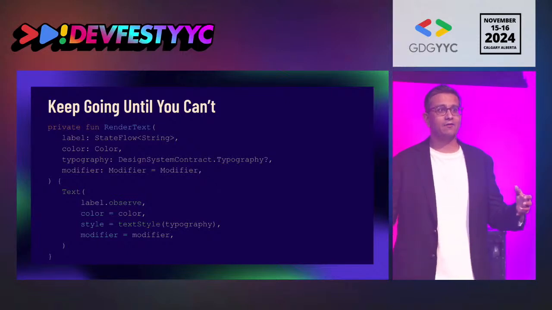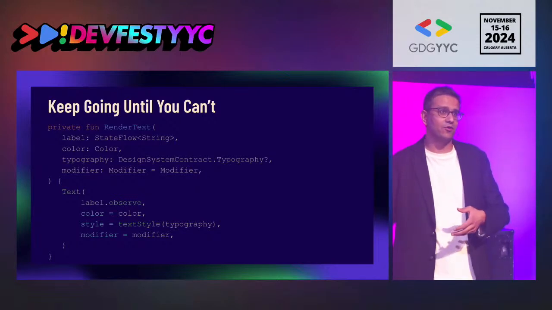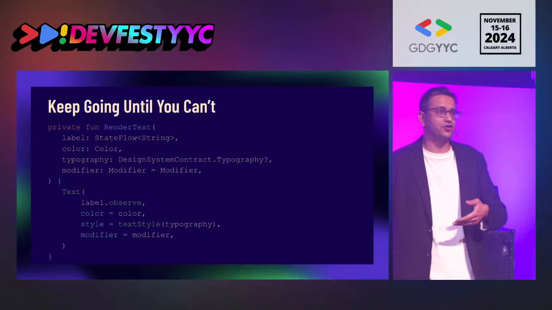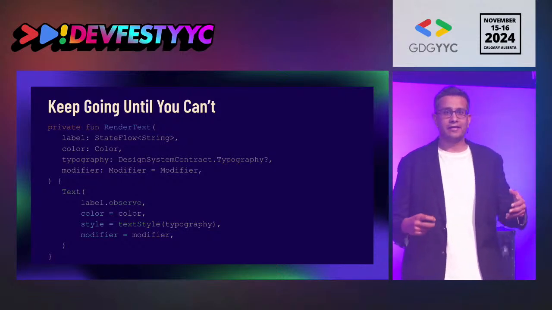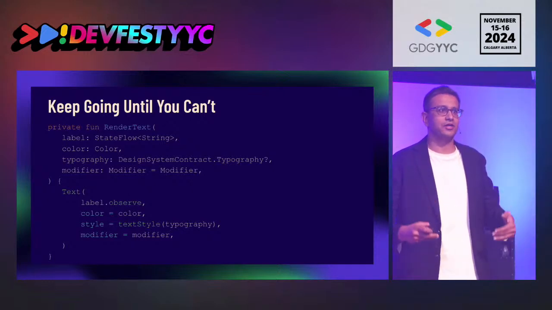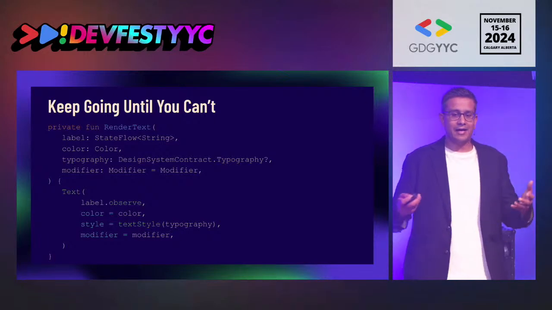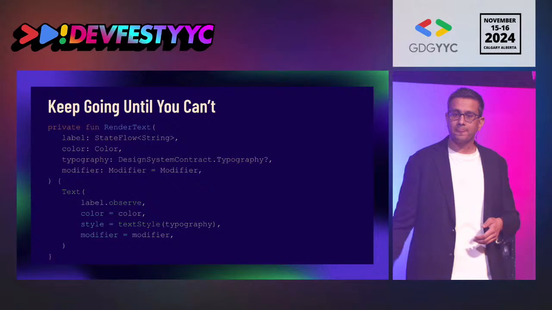So you just keep going down the levels until you can't go down anymore, and that's where your concrete implementation lies. So even something as complex as a full app screen is managed relatively easily in terms of complexity because it's just sort of recursion inwards, right? And that's what our basic design system implementation looks like.